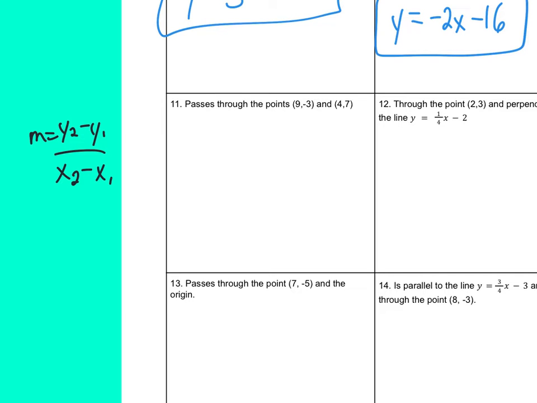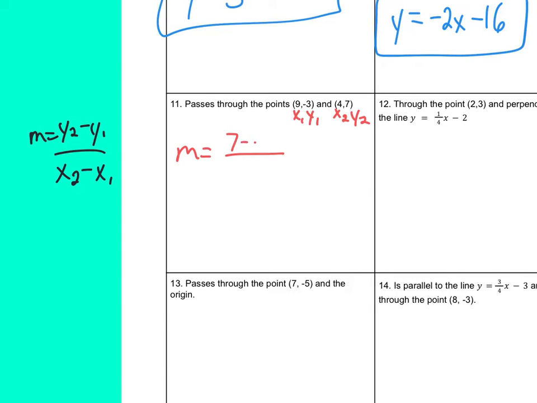Okay, so now I just need to label these points, right? So my very first point is going to have x1, y1. My second point is going to have x2, y2. Now plug those in for me. What's on top? 7.